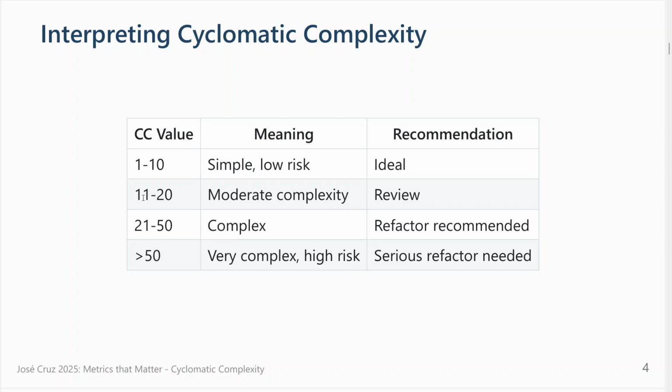If you start to be close to 20, it's moderate complexity, you should review, maybe you want to refactor that method if you are developing. Now, for instance, sometimes in legacy code, I really do find this kind of method between 21 and 50. I have already seen methods, and I'm not lying here, I'm saying truthfully, many times methods with 80 and 90 of complexity.